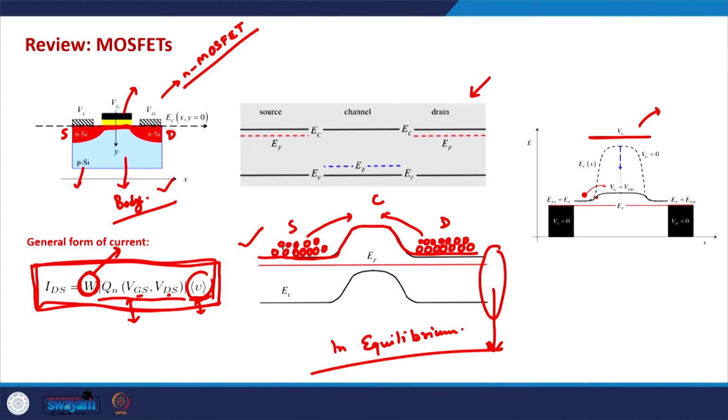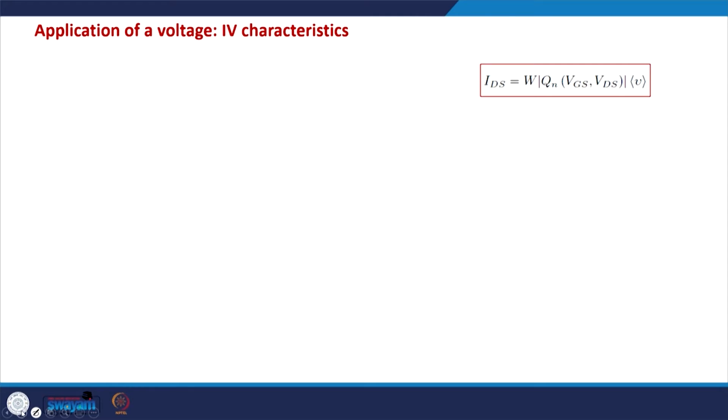We also highlighted that this velocity part comes from the transport theory of electrons, and this charge part comes from the theory of electrostatics in MOSFETs. So if we understand the electrostatics and transport, we can understand the entire physics of the MOSFETs. That is what we will be trying to do in the coming few classes.